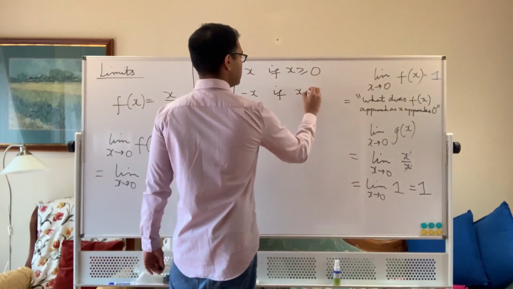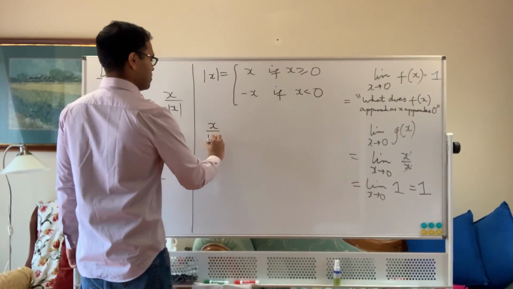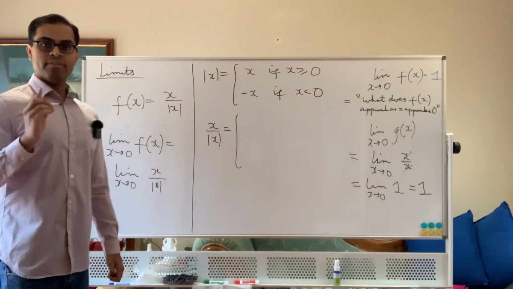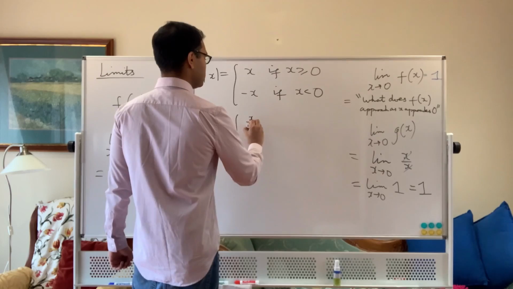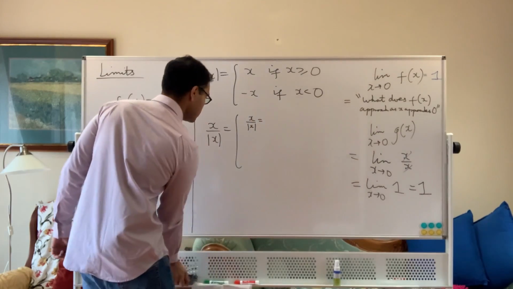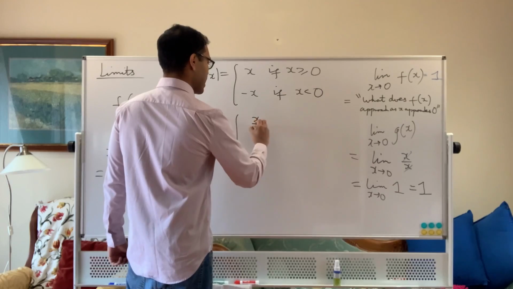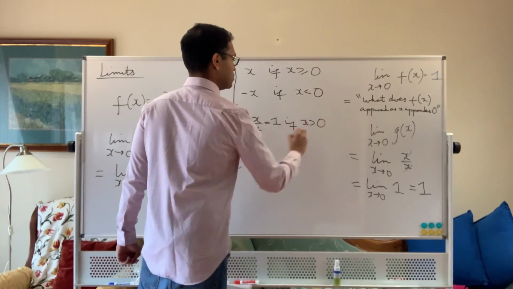So here we have this. Now what we can do is write x over absolute value x. X over absolute value x, if x is at least 0, it's going to be 1, right? So x over absolute value x is equal to x over x, and I'm going to write this in 2 steps. It's equal to x over x, which is equal to 1 if x is greater than 0, right?